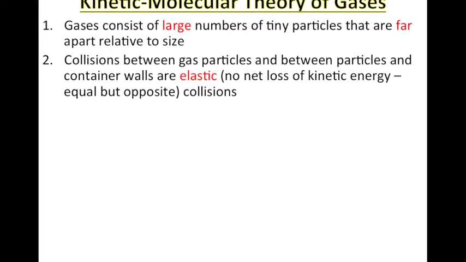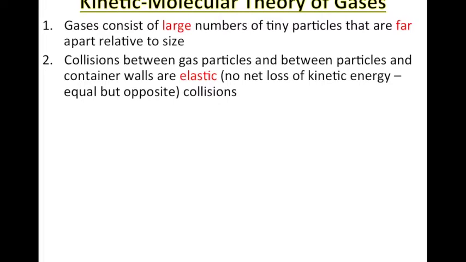So the second part of the kinetic molecular theory says collisions between gas particles and between particles and the wall or whatever container they're in are elastic. And what elastic means is there's no net loss of kinetic energy. The kinetic energy is equal and opposite. So what that means is if 2 particles collide, if one's going really fast and one's going really slow, that doesn't mean that the fast one is always going to be moving fast.